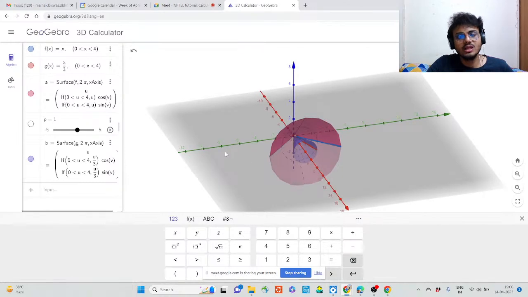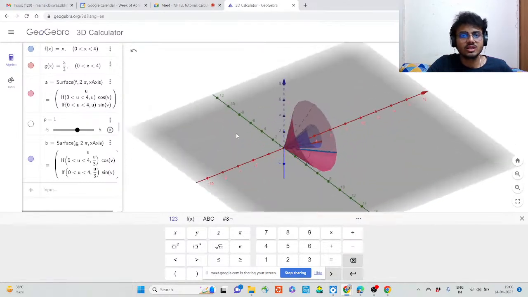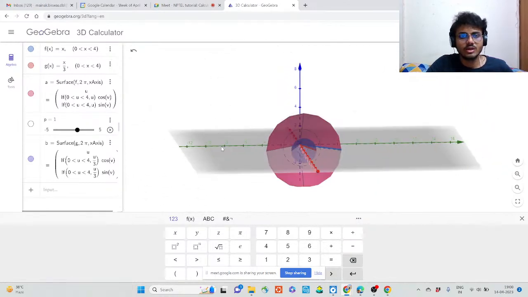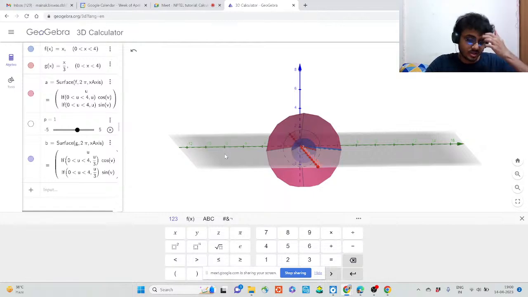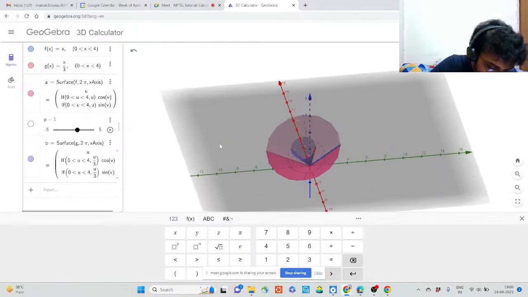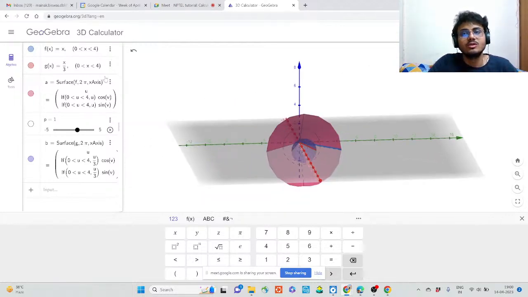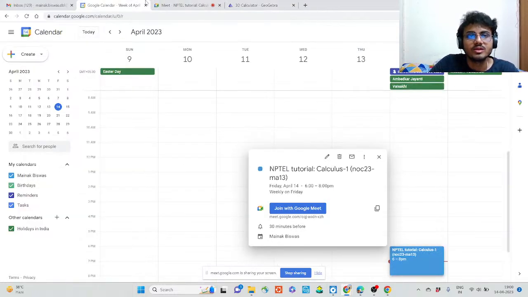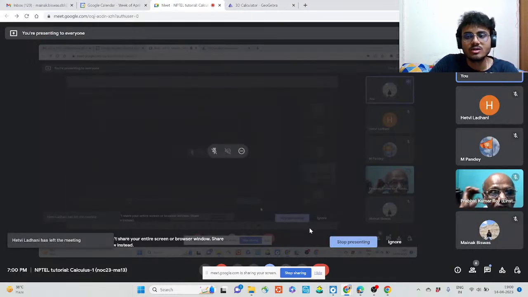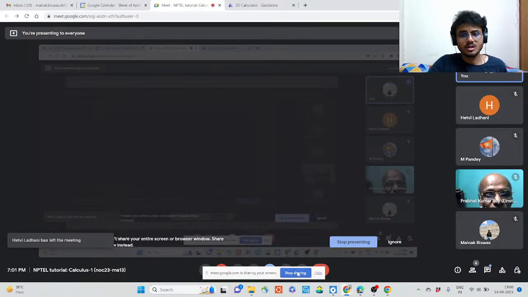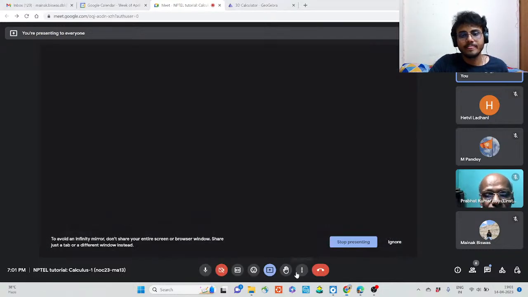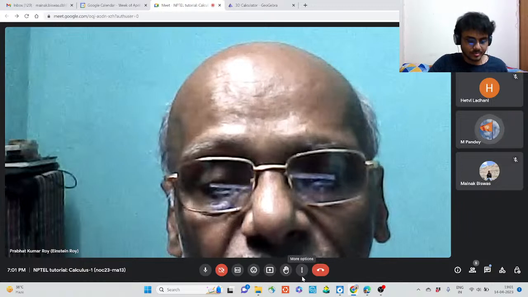So if you fill the solid between these two surfaces, you will get what we had written, right? You understand, right? I can go to the next question if you. Yes. So I hope you can use these now, and I hope it was useful, Mr. Pandey. Yes, sir. Thank you.